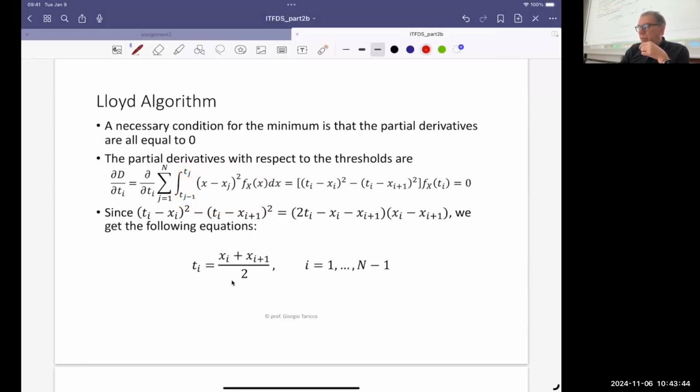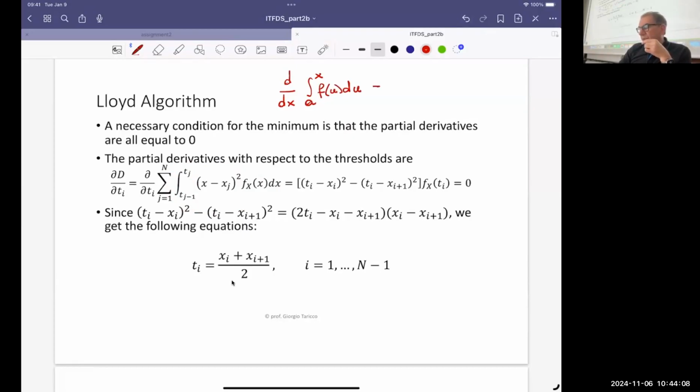Now let's recall one thing. If we take the derivative with respect to x of the integral from a to x of a certain function f of u du, what is this derivative?